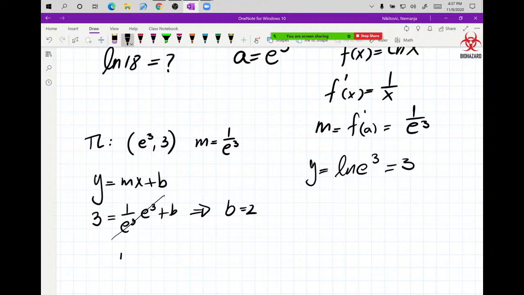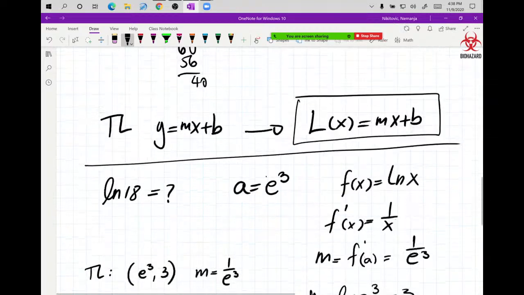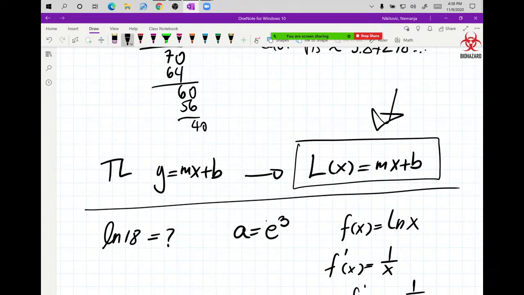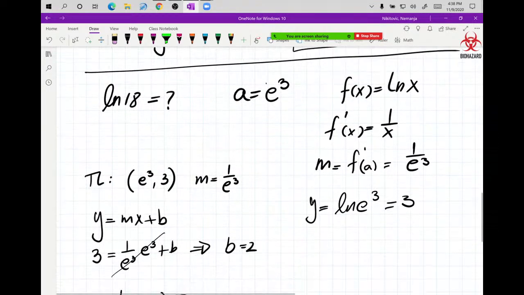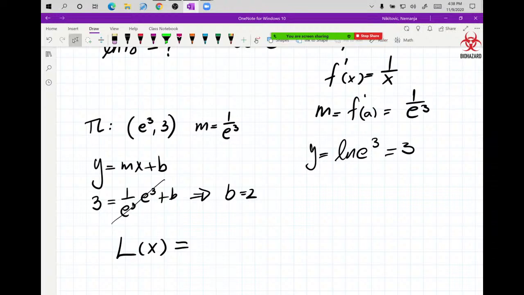So my linearization formula, now instead of y, I'm going to put L of x, because we just learned that, right? So instead of writing y equals mx plus b, I'm going to put L of x, which is the linearization, which approximates, and is going to be 1 over e cubed times x plus 2.